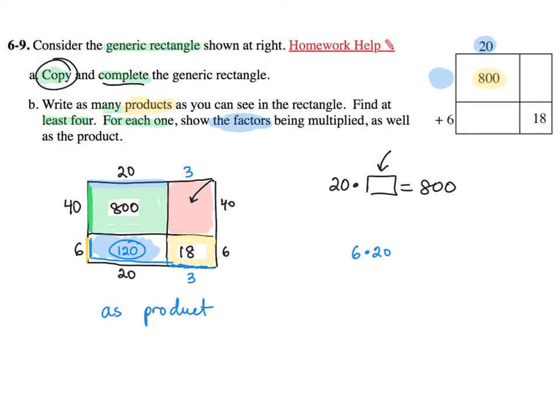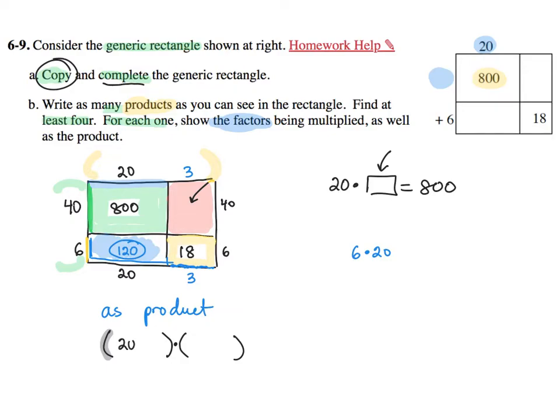This will be one of the factors, and this will be the other factor, the length times the width. So if I'm writing it as factors, that is a product. Something times something gives us a product and the two factors.